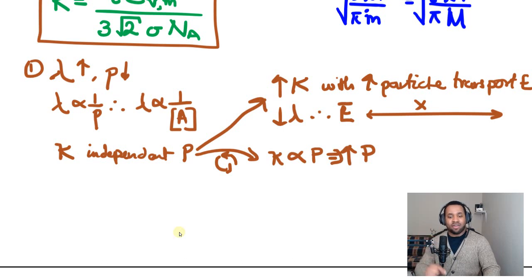And as a result, once we have low pressures satisfying this particular relationship between our pressure and the coefficient of thermal conductivity, we notice that our lambda, which we expressed initially here, is going to be going beyond the dimensions.